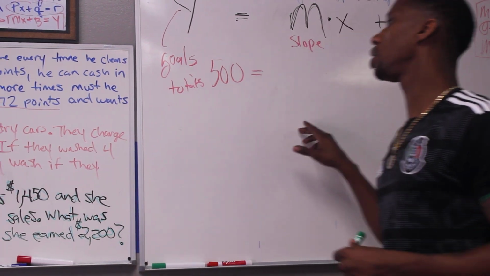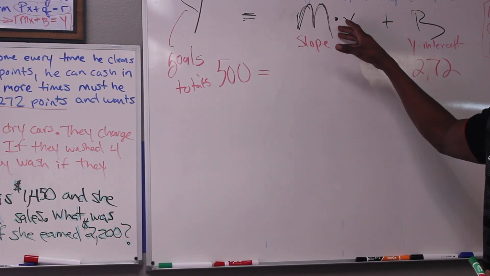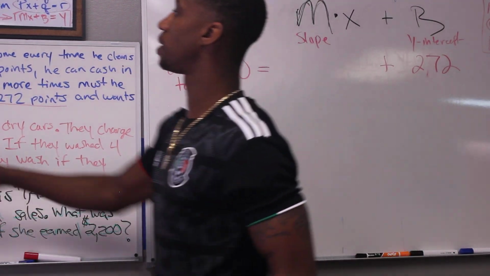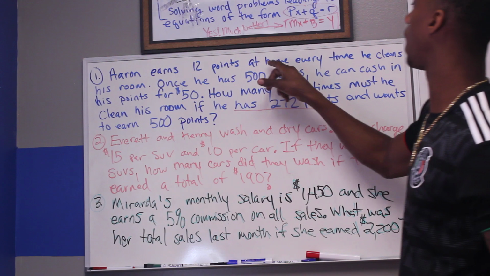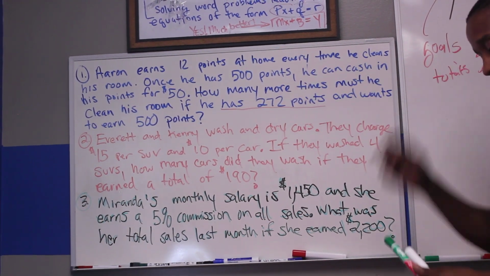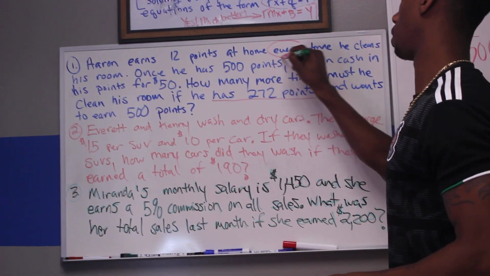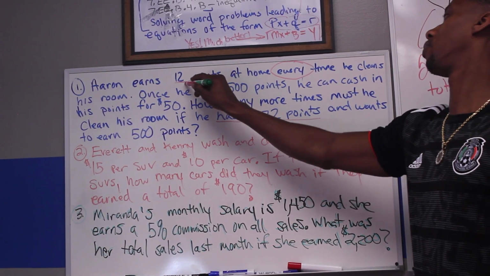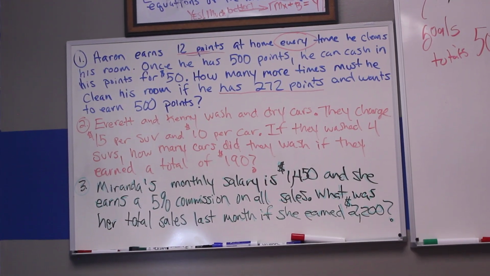I told you the key words to look for when you're looking for slope: every, each. It says Aaron earns 12 points at every, there it is, my key word. I'm going to circle every, and what number is associated with every? 12. So that's his constant rate.